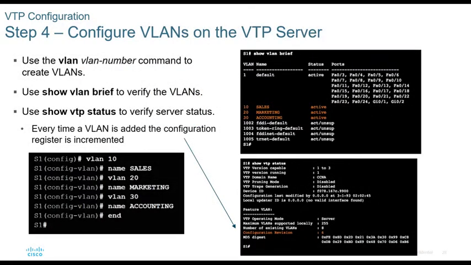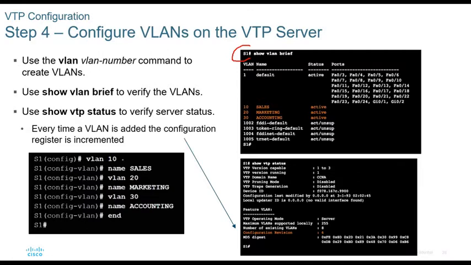Alright, next. So once you've configured everything, the server is okay, the domains are good, the passwords are good, the clients are clients and the server is a server, the next thing you need to do is configure the VLAN information on the server. As you can see, we are still at S1, acting as our server.